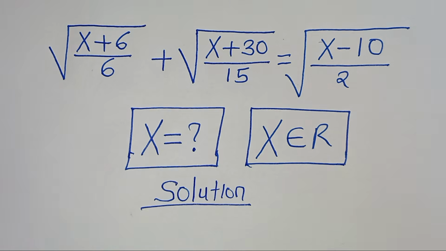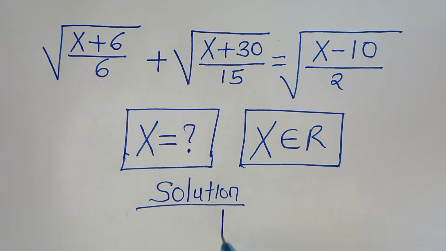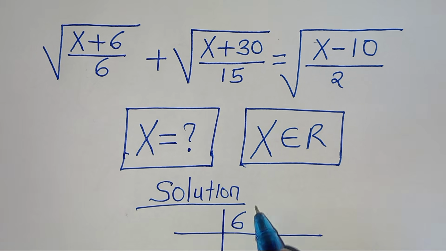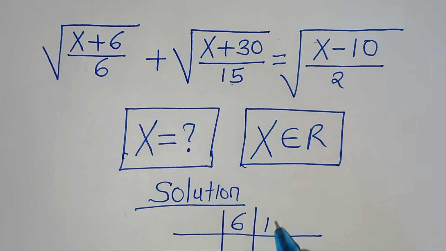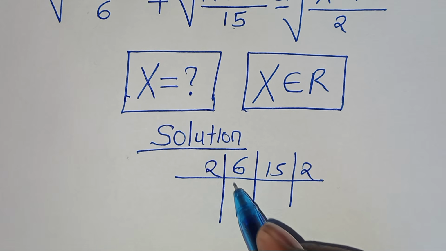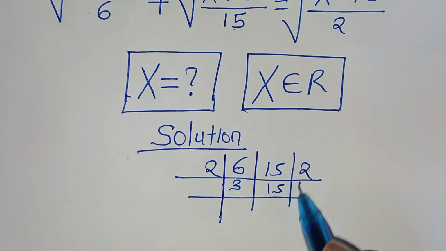Now the first step is to determine the LCM. Here we have the LCM of 6, 15 and 2. So 6 divided by 2 is 3, 2 divided by 2 is 1.